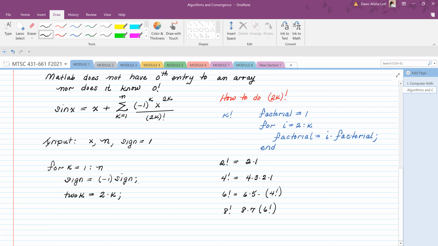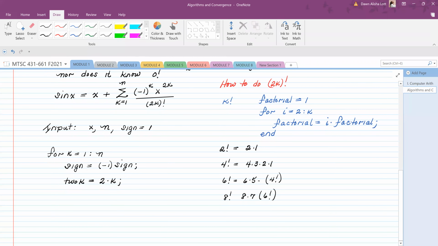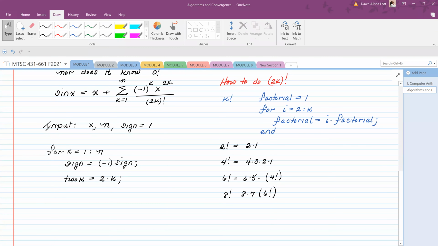All right, so now I know k, and now I know 2k. So now it's going to be easy for me to evaluate x to the 2k, because now I know what 2k is. It's going to be easy for me to evaluate the -1 to the k, because now I know the sign. So now what I need to compute is 2k factorial.